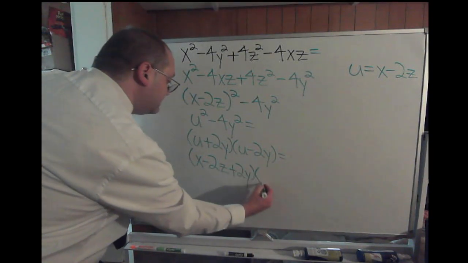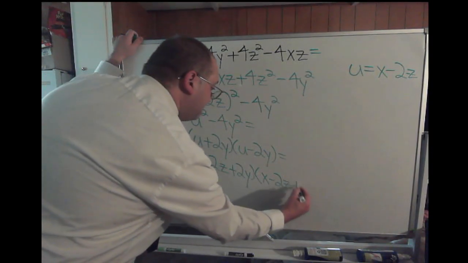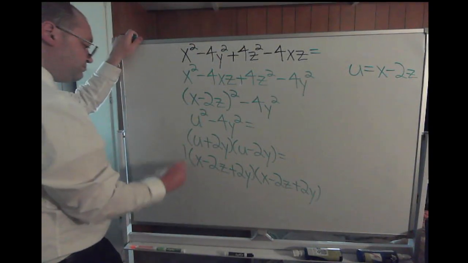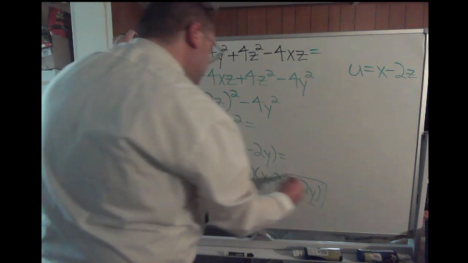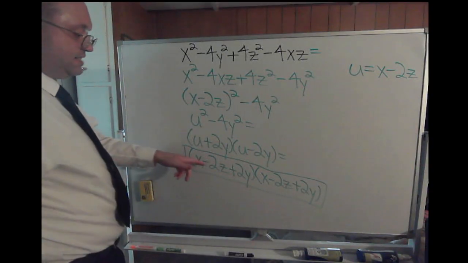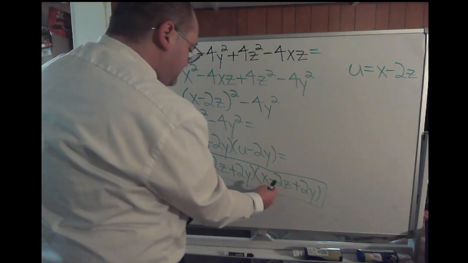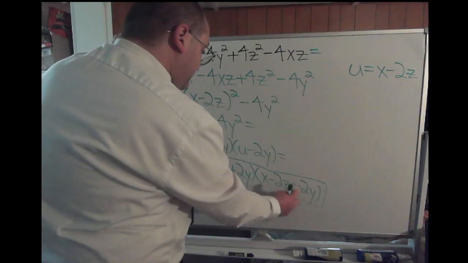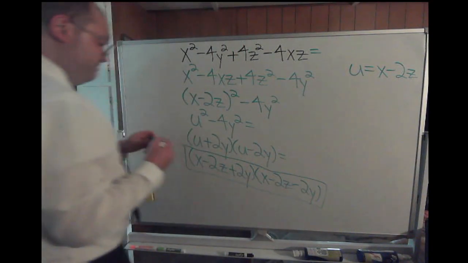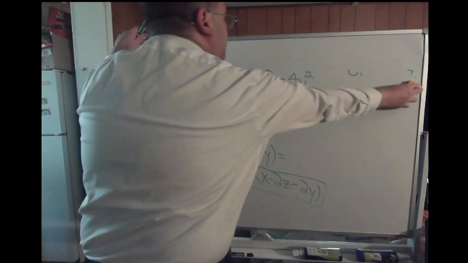That quantity times x minus 2z minus 2y. So yes, you got x minus 2z plus 2y, that quantity times x minus 2z. That should be minus 2y, not plus 2y, but you get the idea. So there's that one.